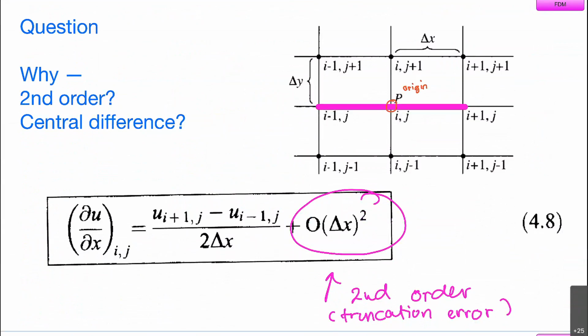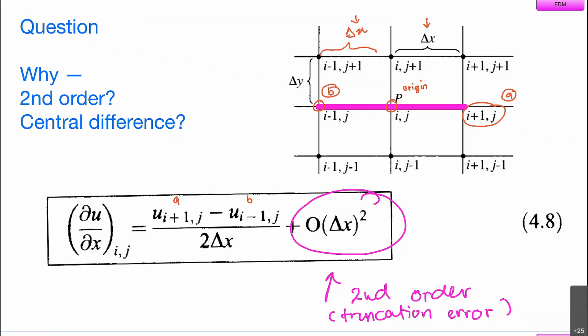In equation 4.8, u_i+1,j is here; let's call this A. u_i-1,j is on the left side, so this is B. It is divided by 2 delta x, since there is a delta on each side. So you have the right side A minus B divided by 2 delta x.